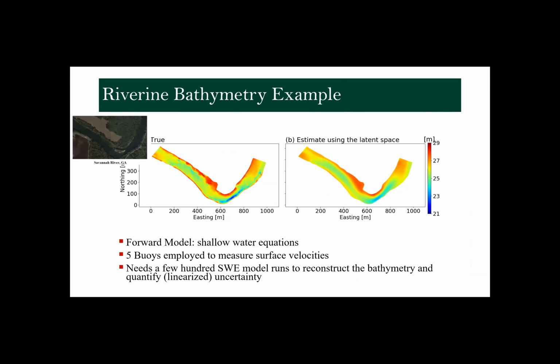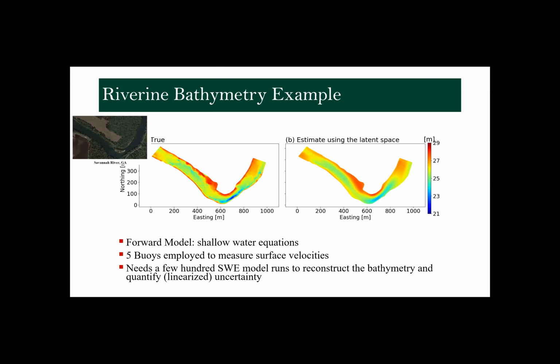Okay. The other example is a riverine bathymetry example, in a river setting: a 1 mile reach of the Savannah River in Georgia, where you have a direct survey. The left plot is the bottom elevation of the Savannah River during this survey campaign. Using the velocity measurements at the surface and the shallow water equation, you can invert and data assimilate, and estimate the bottom topography, elevation, or bathymetry.